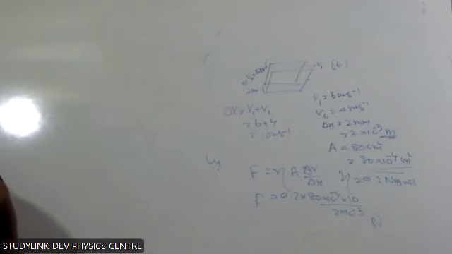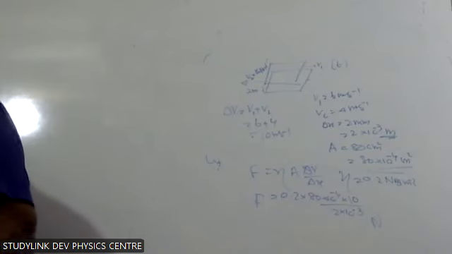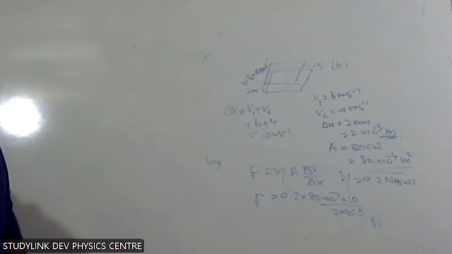A certain kind of oil is spread on a lamina of dimensions 20 cm × 12 cm, and the thickness of the oil layer is 4 millimeters.